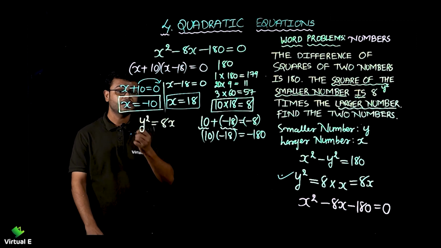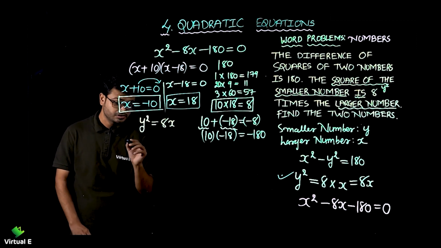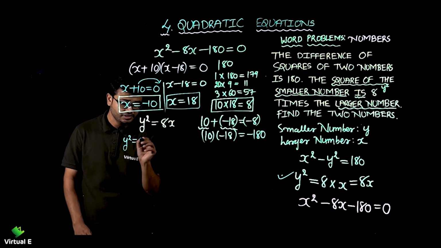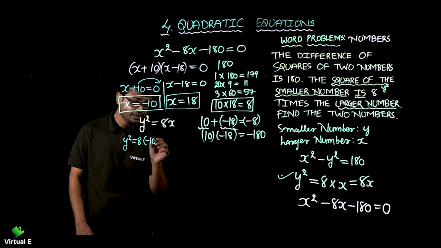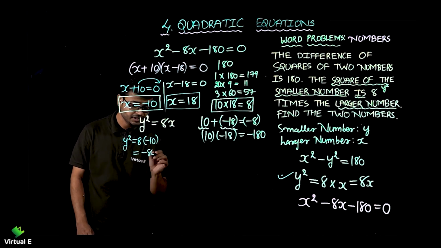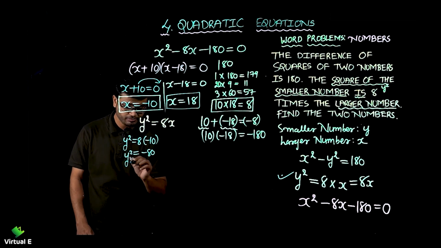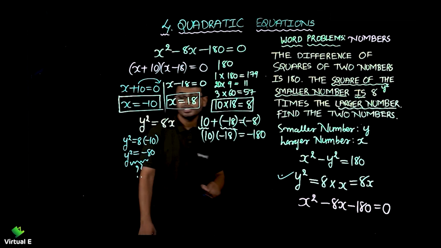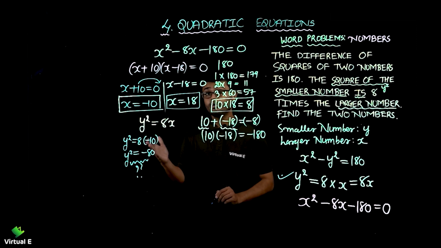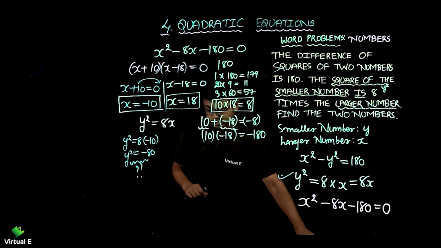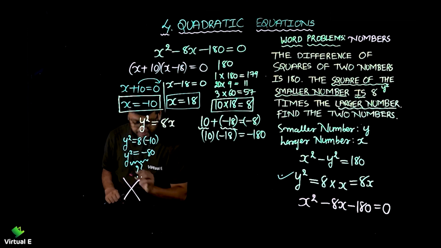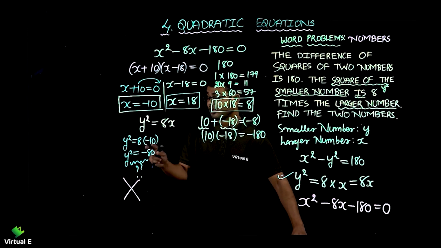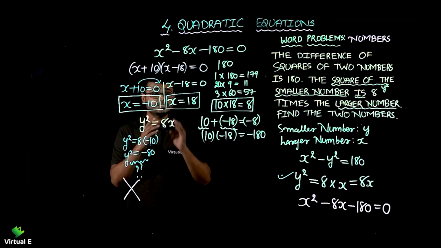So first of all, let me start with this minus 10. So y square is equal to 8 into minus 10. So minus 80. Y square is equal to minus 80. Is it possible that a perfect square will be negative? No. So we cannot use this condition. It's a complete no. Let's check the second one.